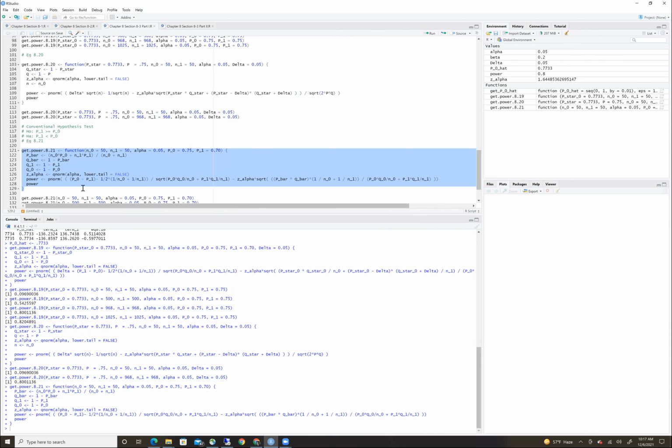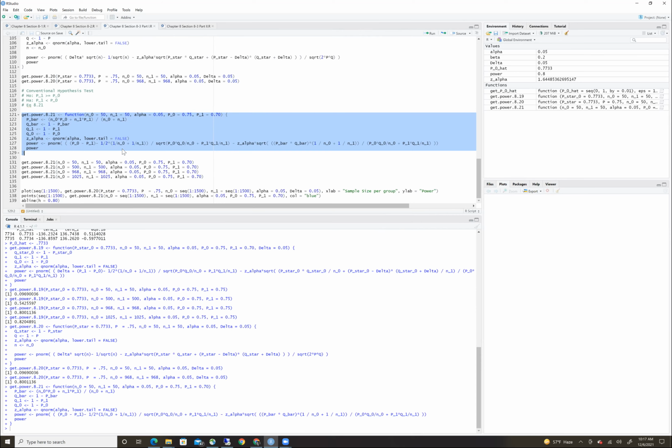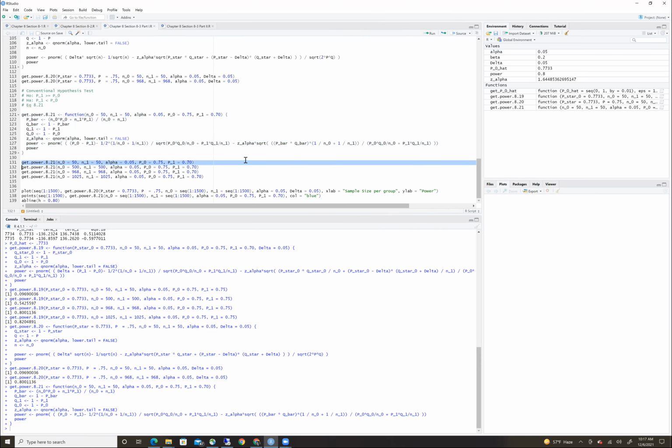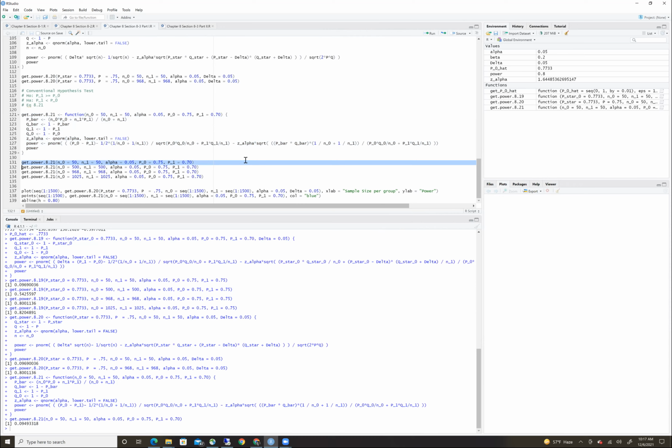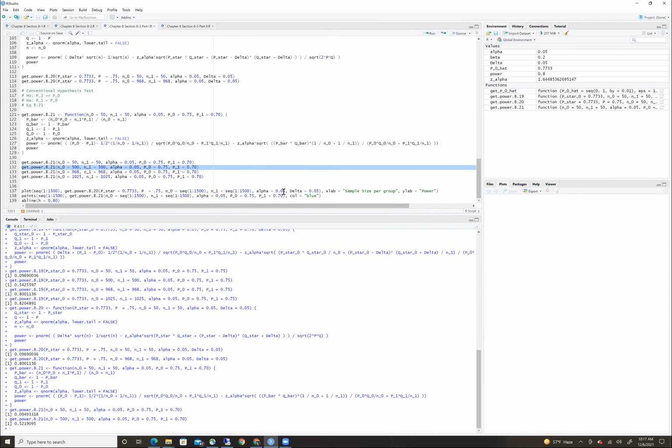Furthermore, we can look at these values. In a conventional test, if I had 50 patients per treatment, what would my power be? Still super low. If I had 500 patients, 0.52.